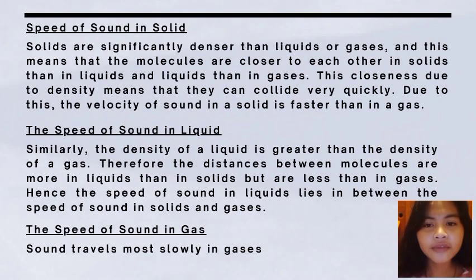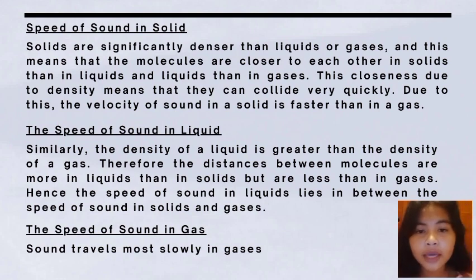So as I said earlier, sound waves travel through any state or phase of matter. That means it can propagate in air, in water, and in solids. So the question is, what will be the behavior of the sound wave if it travels through different matter?